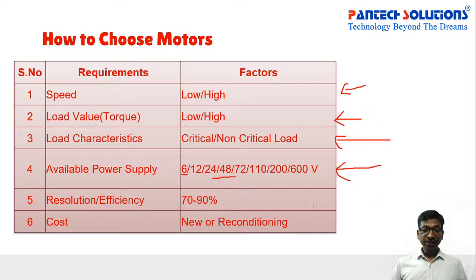And the next parameter is the resolution parameter, the resolution or efficiency. Instead of the rated power, rated load and rated speed, you can accept a range. For example, if you take a 2 kilo Newton meter load and 1500 RPM, and you accept a 10% tolerance, the motor will work up to 1300 RPM and the load can be handled up to 1.5 kilo Newton meter.